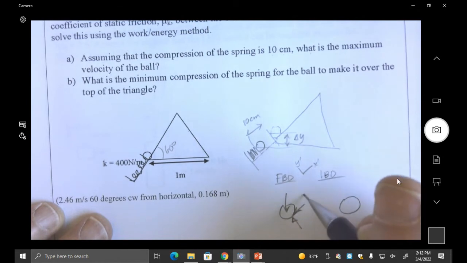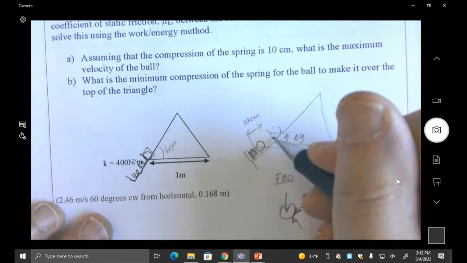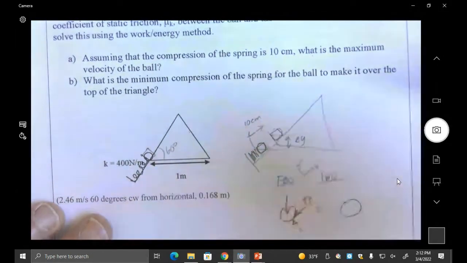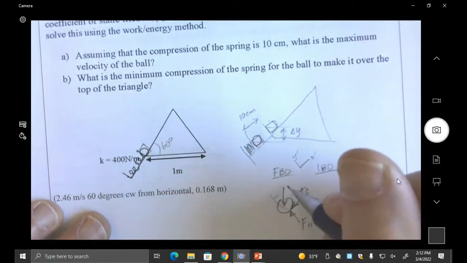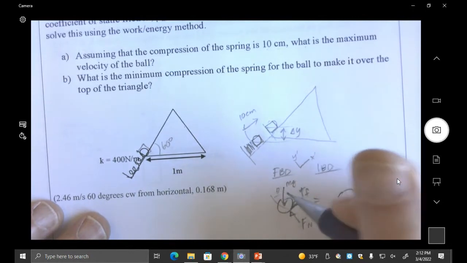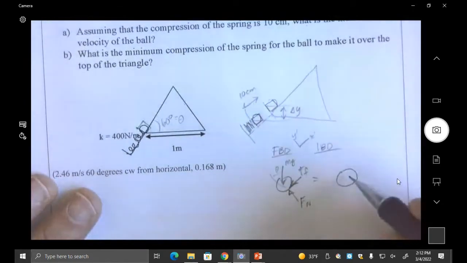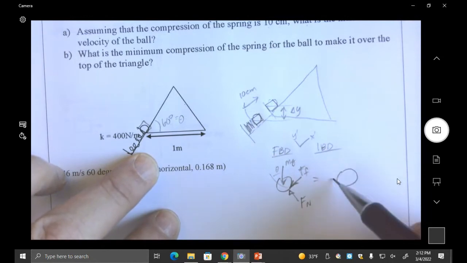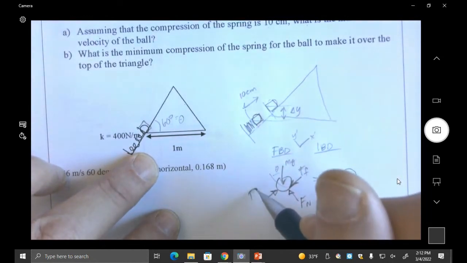But this has flaws. I would make this into a block, because a ball would roll and wouldn't have friction like this thing is saying. But we can see that we have the weight mg of the ball, and here's our theta, and we know that theta is equal to 60 degrees. And it depends where the ball is in this whole process what its acceleration is. Maybe I can go ahead and put a spring force in there.